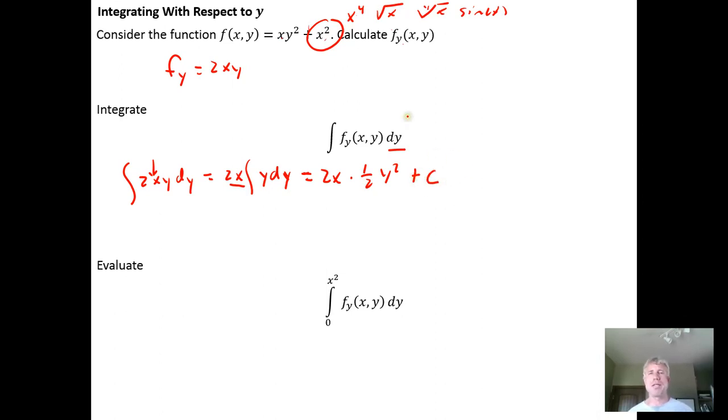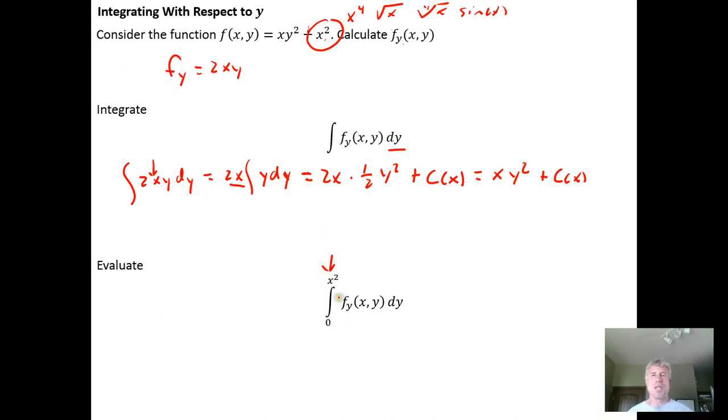And what we want to recognize is that constant of integration is really some function of x, which we, without seeing it, have no way of knowing what it was. And then we can simplify this a little bit. 2x times 1/2 y squared is x y squared. So the part that was a function of y, we get that back. The part that was just a function of x, we don't have any way of getting that back.